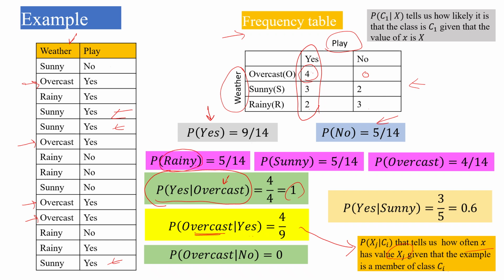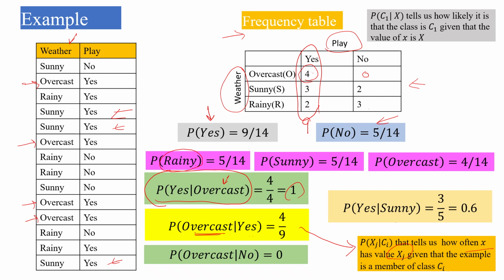So this column adds up to 9 and overcast is 4. So it is 4 by 9, right? Similarly, the other values, we have overcast yes, sunny and yes. So sunny comes out to be 3 times out of the 5 occurrences, it is yes, so 3 by 5. And overcast no, we have a 0 here, so it is 0. So all these value computations come out very simple once we make the frequency table.